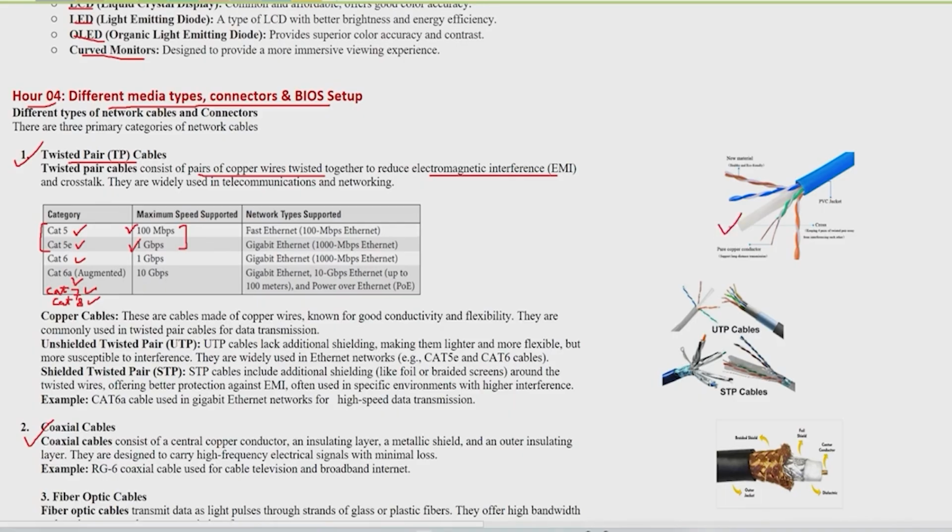This white foil, in between the pairs of the wires, because inside the pairs there is also electricity, so that is also disturbing each other. So they have separated the four pairs with one foil. Think of a 4-lane road where all the cars are going left, right, left, right, and they will have a problem.